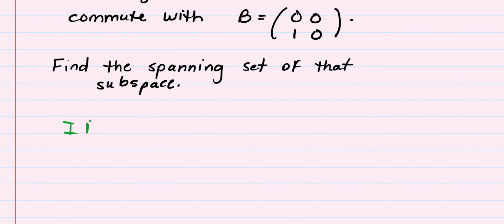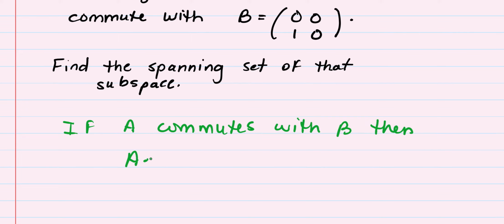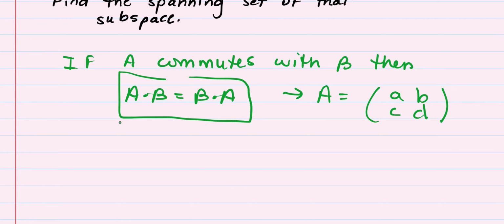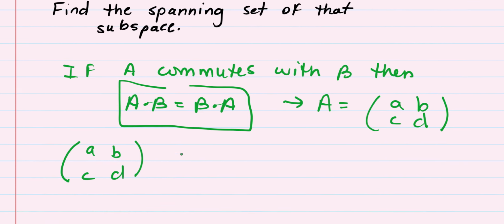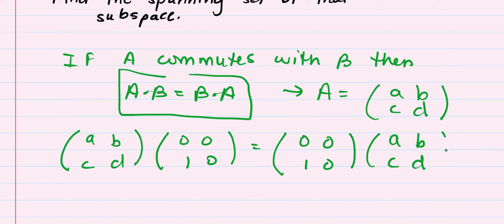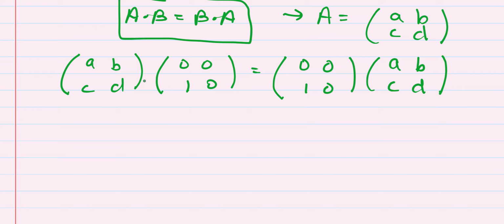So let's see. We want to find all matrices that commute with B. If A commutes with B, then A times B is equal to B times A. Let's define A as the matrix A, B, C, D. Then we want this property: A, B, C, D times this matrix, 0, 0, 1, 0, to equal 0, 0, 1, 0 times A, B, C, D. Let's multiply the left-hand side.